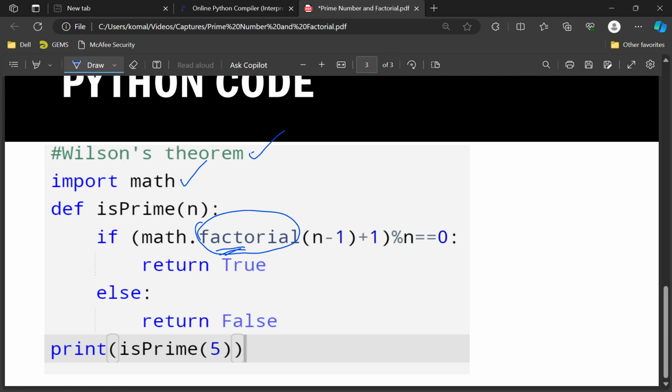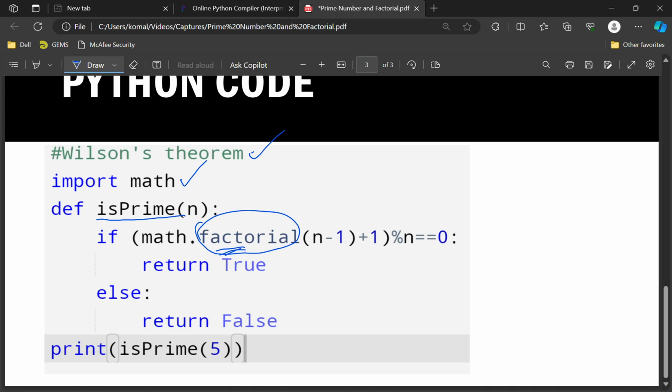So I am writing one function, def is_prime(n). That means if n is prime, my function should return true, otherwise false. So that is the logic here.